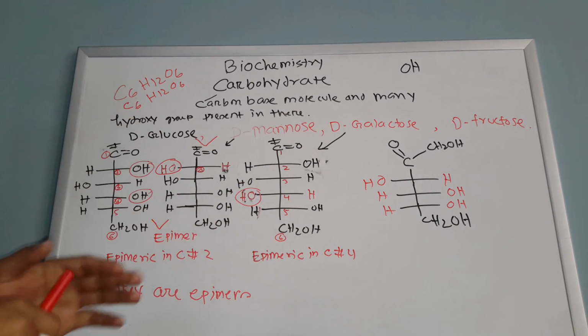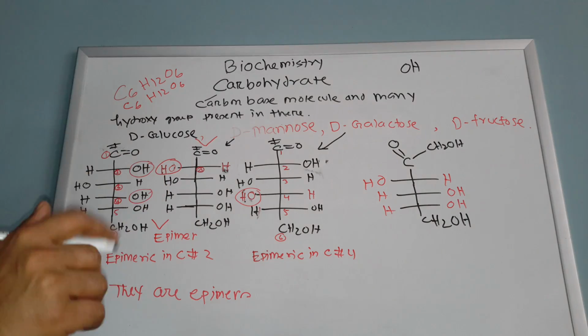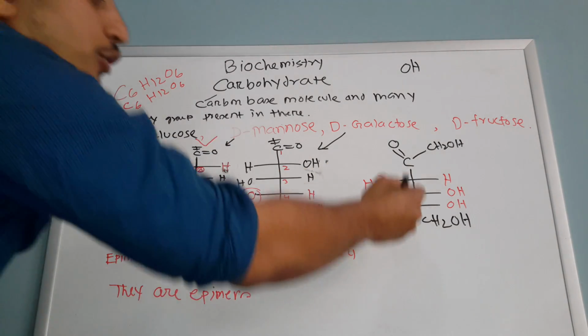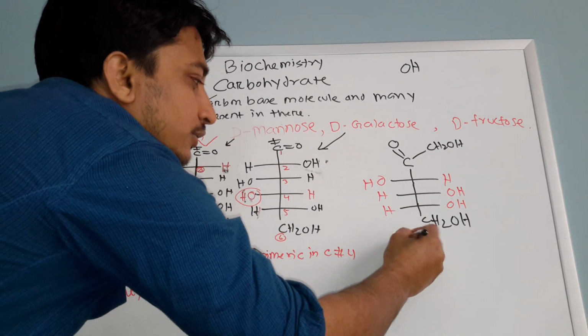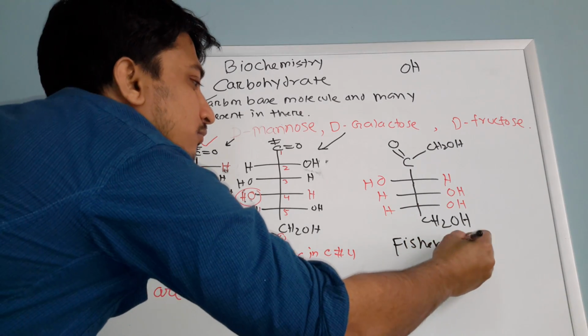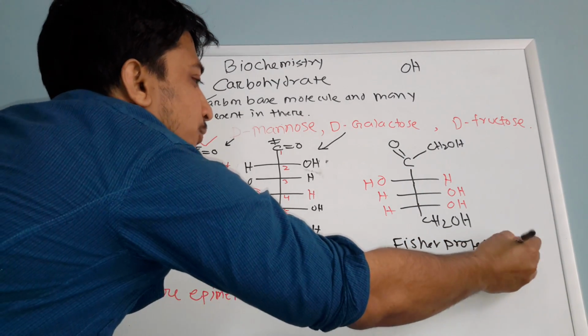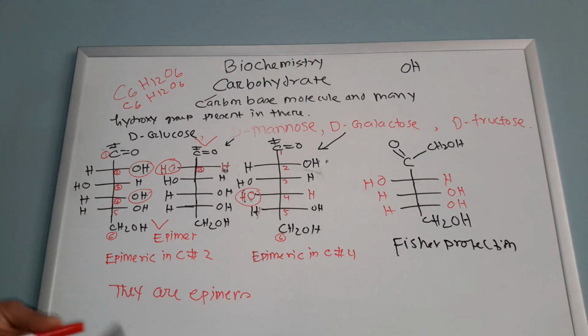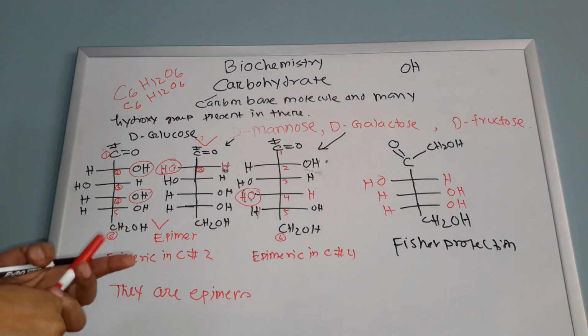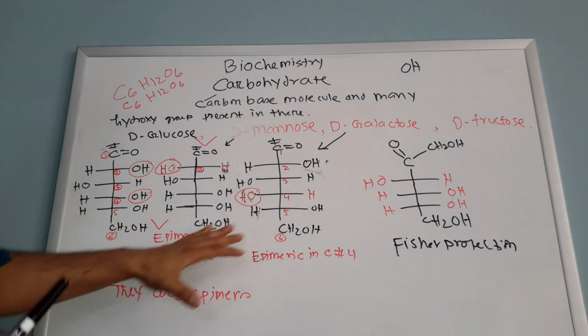I'm only talking about D-fructose. I'll draw the Fischer projection of D-fructose, and I'll also mention how you can number D-fructose, because you do know this is aldehyde.